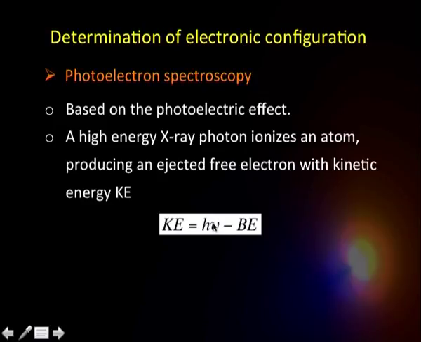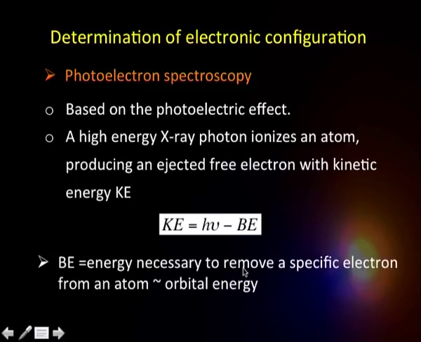So, this is known to me, this is known to me. From this I can work out the value of BE. BE is the energy which is necessary to remove the specific electron, the binding energy, so to say, and this energy is approximately equal to the orbital energy. So, what do we do? For a given atom, we go on giving photons of high energy, take out one electron, then another, a second will come, a third electron will also come.